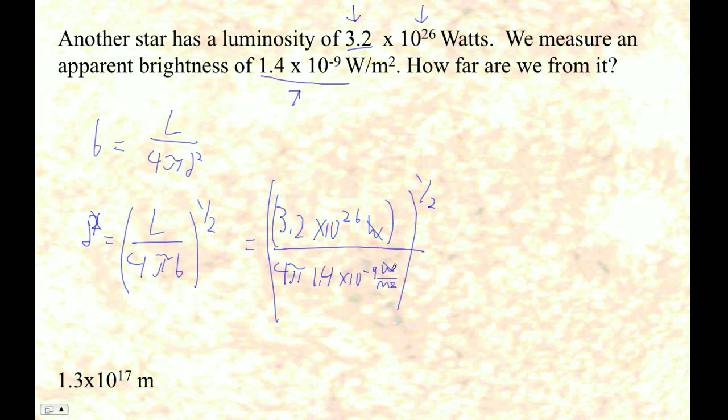Okay, so parenthesis, 3.2 e26 divided by, beginning of the denominator, parenthesis, 4 times pi times 1.4 e minus 9, right parenthesis that ends the denominator, right parenthesis that ends this expression, raised to the 0.5. That's going to square root it. I got 1.35 times 10 to the 17th meters.